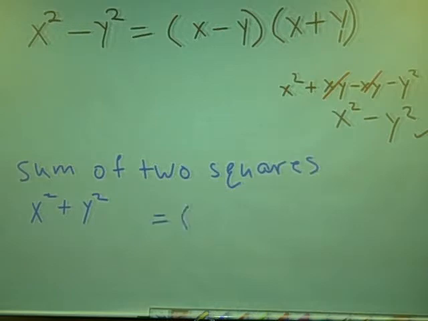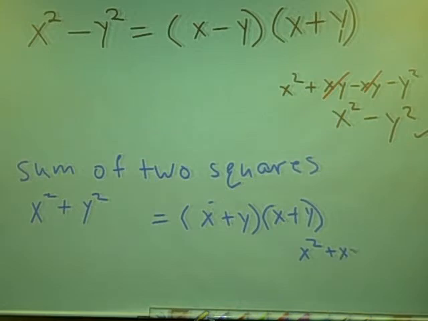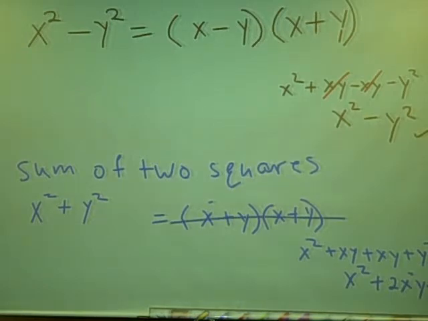Well, if we did x plus y times x plus y, that would be x squared, plus xy for the two inner terms, plus xy, and then the two last terms would be plus y squared. We get x squared plus 2xy plus y squared. Well, that doesn't work.